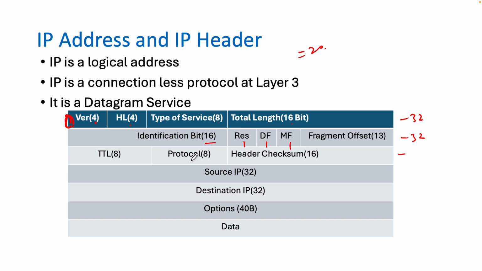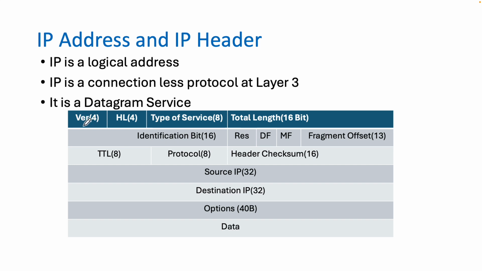Again, this one is 8 plus 8, 16 plus 16, 32-bit. Source IP, 32-bit. Destination IP, 32-bit. Optional, 40 bytes. If you convert these into bytes, 4 bytes, 4 bytes, 4 bytes and 4 bytes. 4 plus 4, 8, 4, 12, 16, 20 plus 40, 60. Maximum 60. Alright, so this is what I wanted to explain.